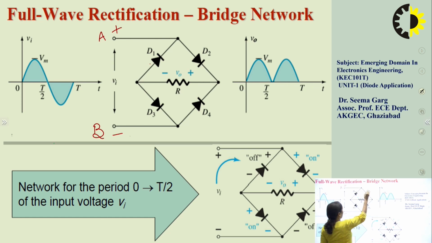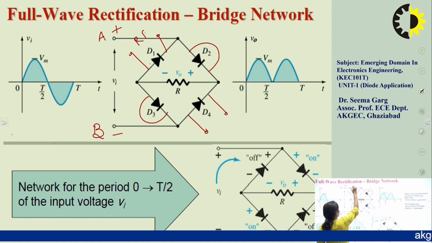So this will make diode D2 forward bias, and also diode D3 forward bias, but this negative terminal and this positive terminal will make diodes D1 and D4 both reverse bias.